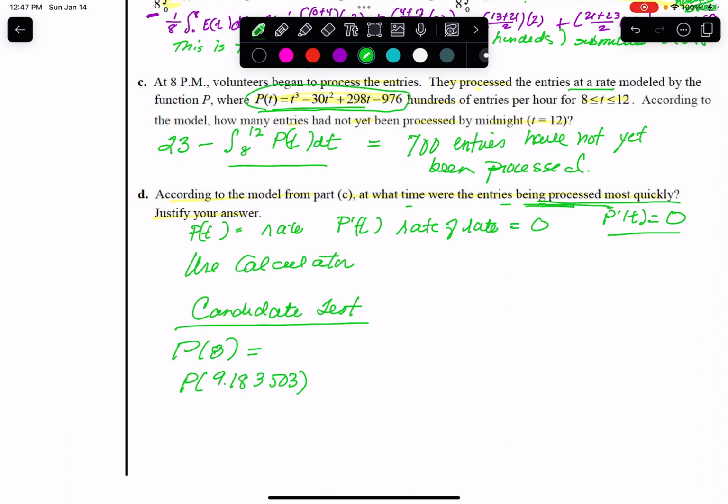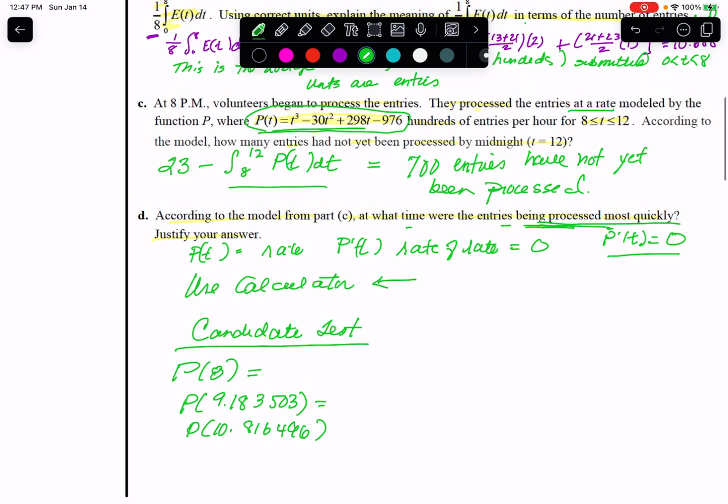Now I put it all out there because we're not yet ready to round. So then it was again at P of 10.816496. So when you use your calculator, you're going to set P prime of T equals 0.